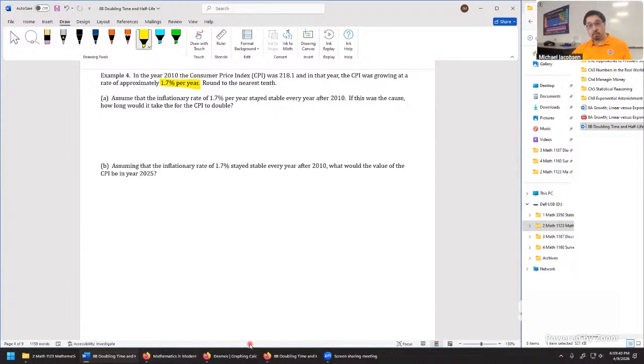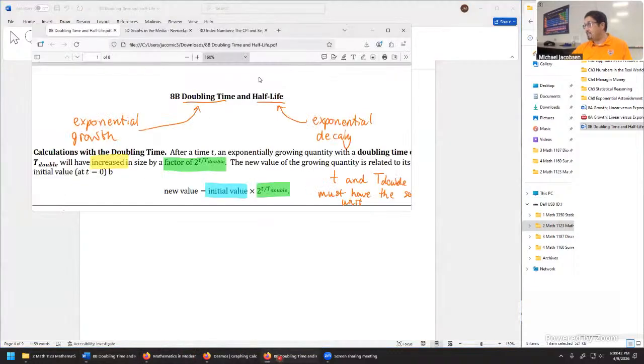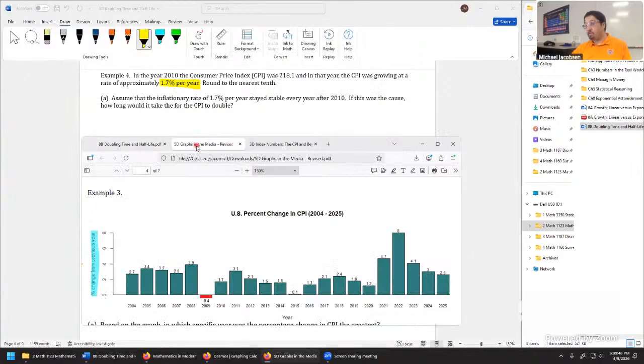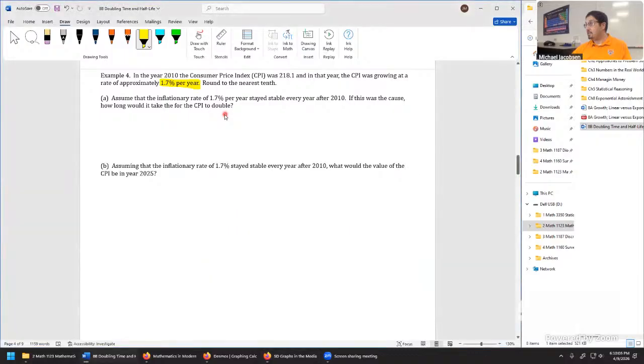And those were the kinds of things we were looking at, actually not that far back, pretty recently in chapter 5. We were looking at the percent change from previous year. This is really just inflation when we were looking at that percent change of CPI. And in 2010, it was a 1.7% change. So we're looking at this one little node right here in the bar chart.